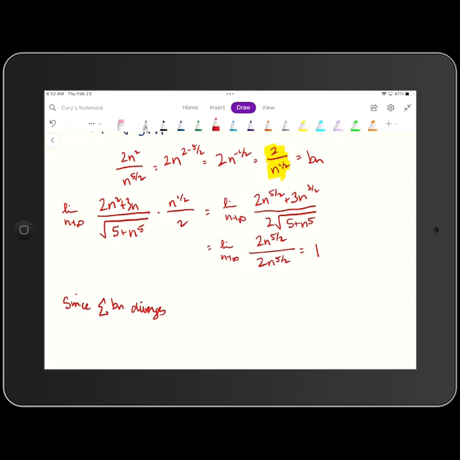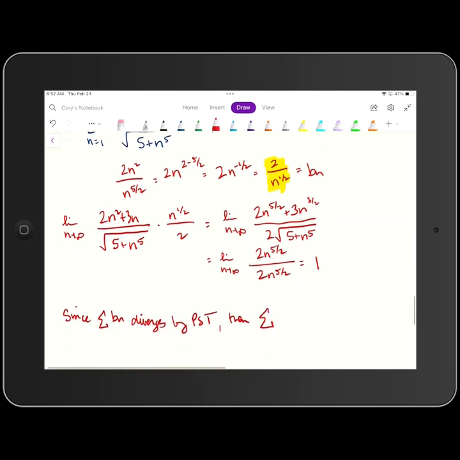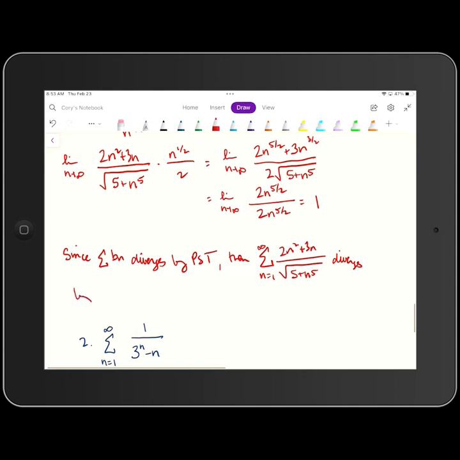Since that diverges by the p-series test, then our given series, which is the sum from n equals 1 to infinity of 2n squared plus 3n over the square root of 5 plus n to the 5th power, diverges by, and we're going to abbreviate the limit comparison test with LCT.